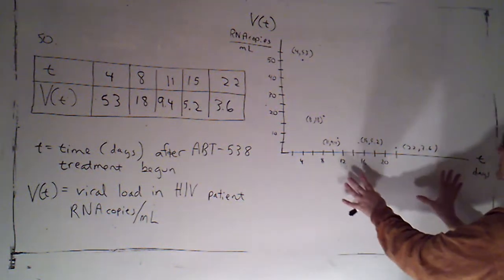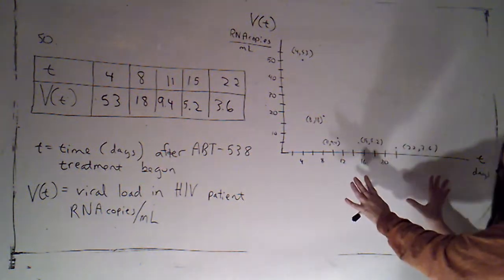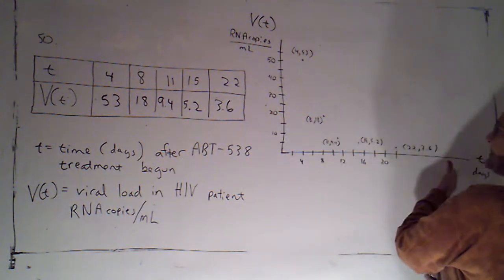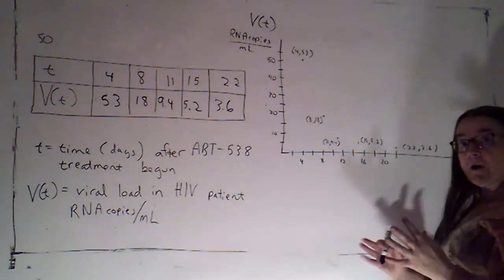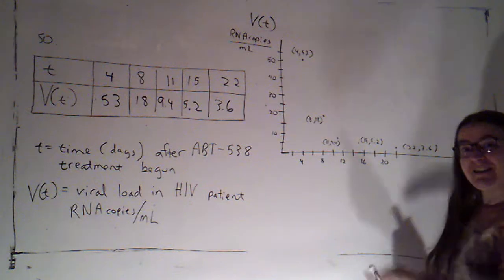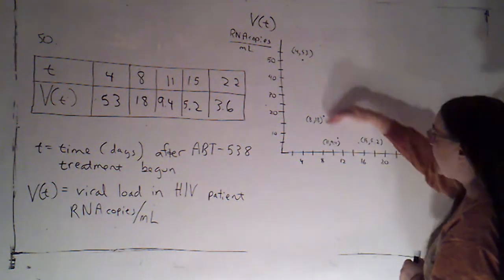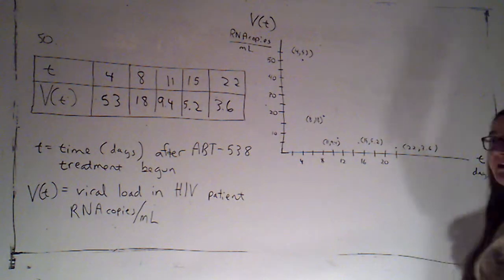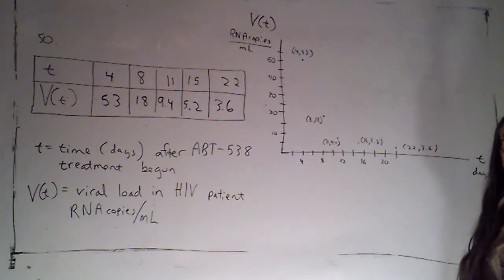Now just looking at this, either from the table, but I think easier to spot in the graph, I can see that as time is passing, the viral load is decreasing. More than that, I can see that it's not just decreasing at a constant rate. It looks like it dropped very suddenly initially, and then it continued to drop, but at a slower rate. Okay, so that's kind of interesting.